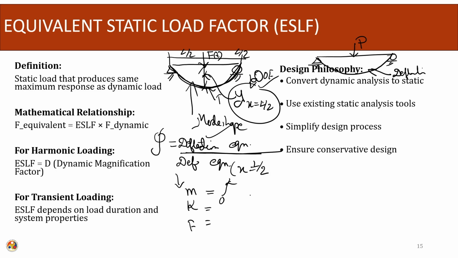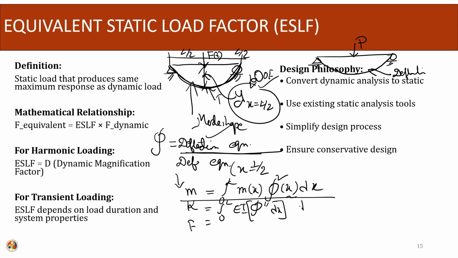So, we integrated over the entire length, we put the mass per unit length, then my shape function squared, integrated over the entire length. So, I got my equivalent mass. Equivalent stiffness the same way, EI we are keeping as the constant. And forcing function.